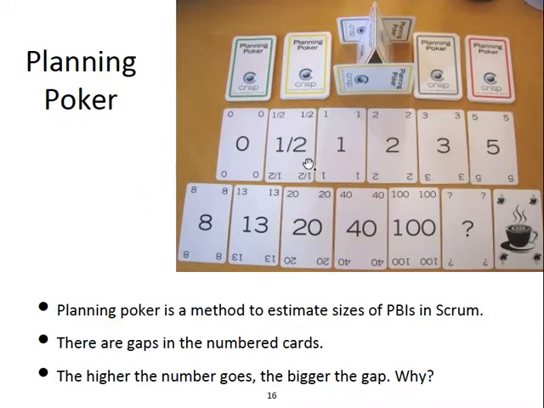So how do you decide? Imagine you have cards like this. Each person, by the way, you can buy it from Amazon.